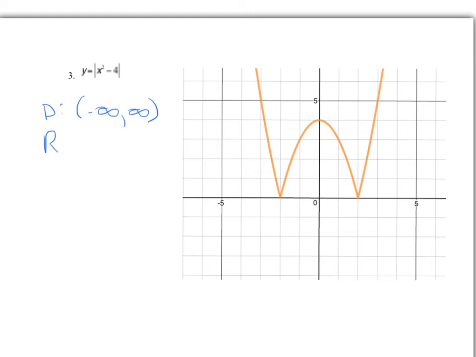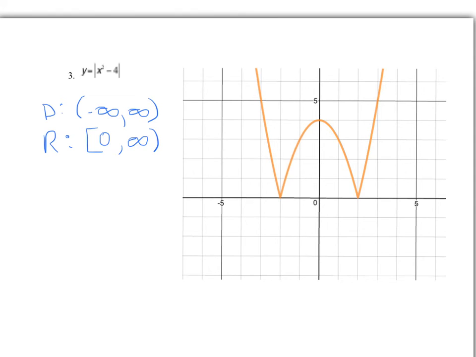And range. 0 to infinity. If I was going to do it in set notation, I would say domain is x such that x is an element of the set of real numbers, and the range is y such that y is greater than or equal to 0. So if you did it in set notation, that's what it would be. This is it in interval notation.